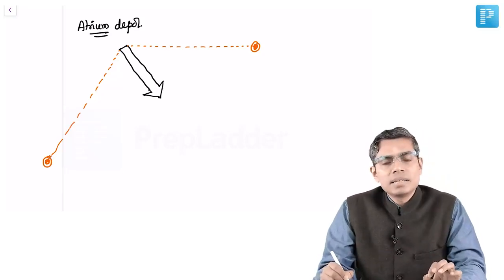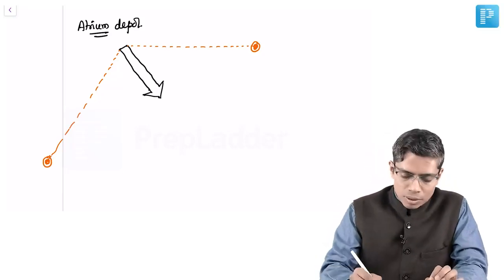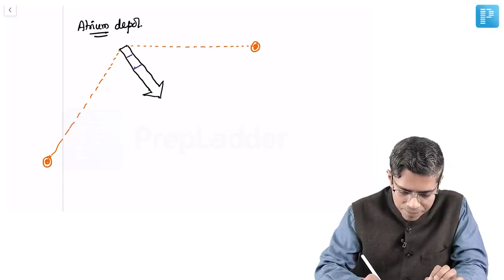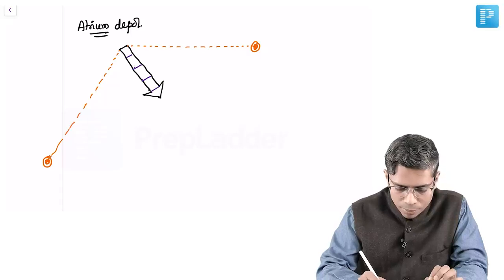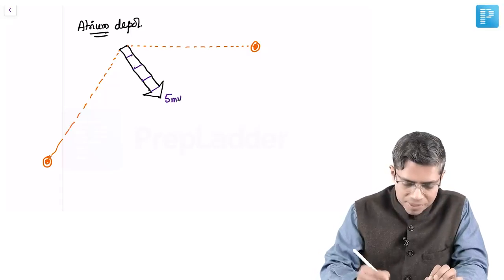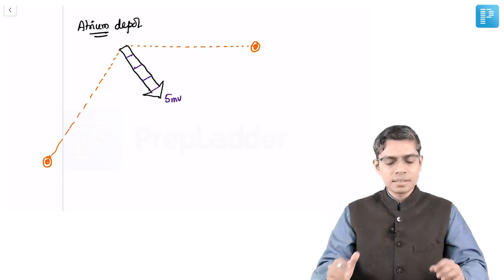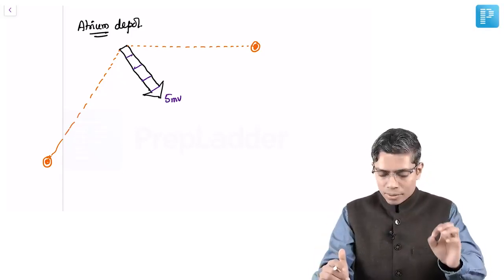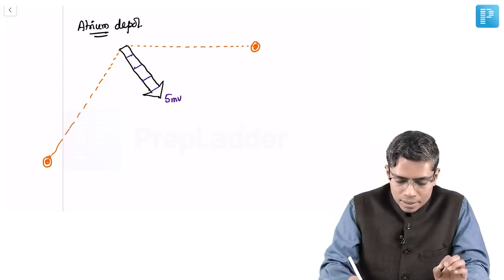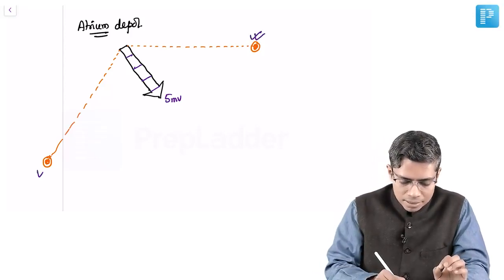That is simply done by vectorial analysis. And how will that be done? Suppose the amplitude of this voltage vector is 5 millivolt. What will be the amplitude of this voltage vector in this lead and the other lead?